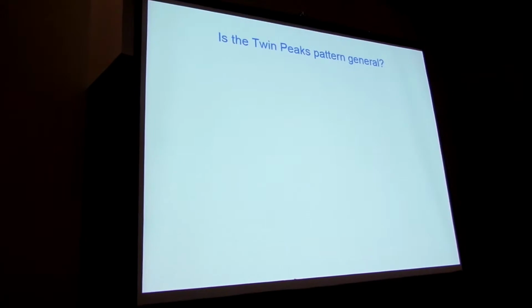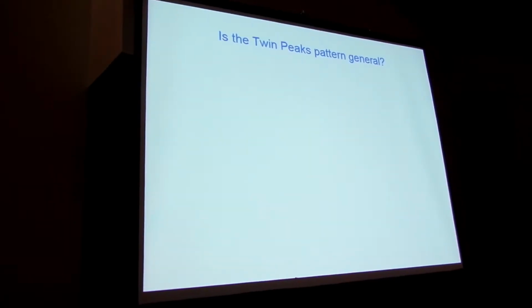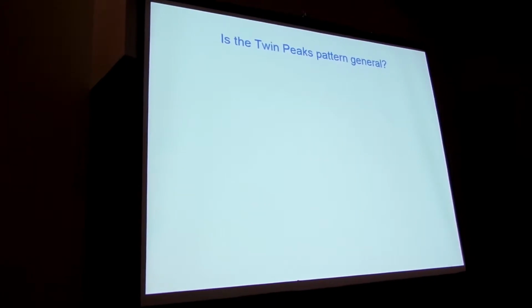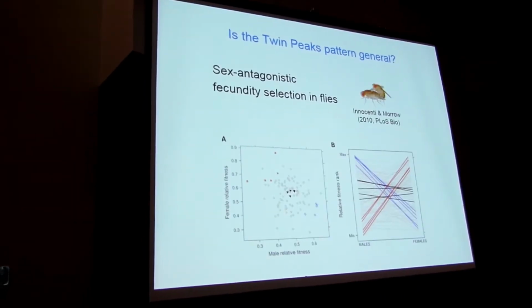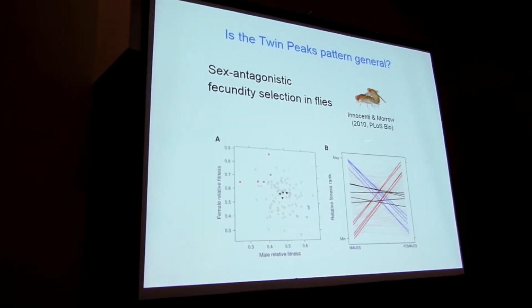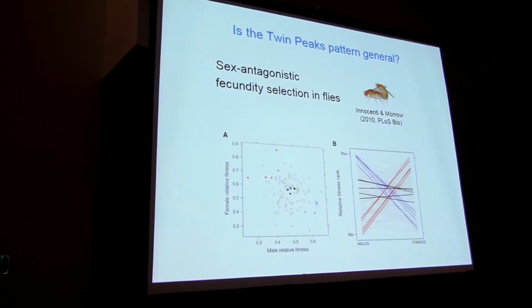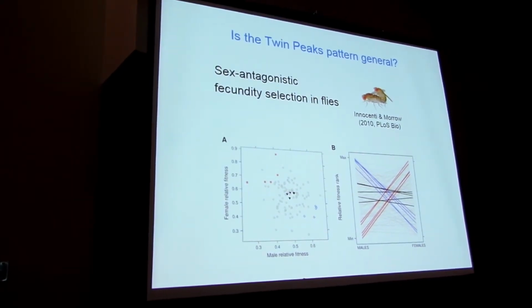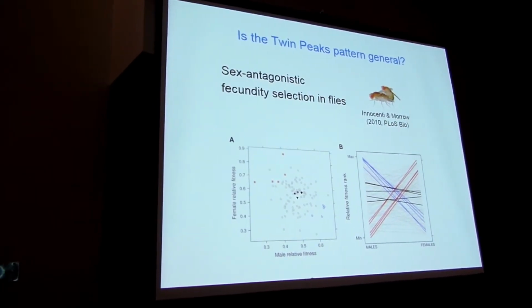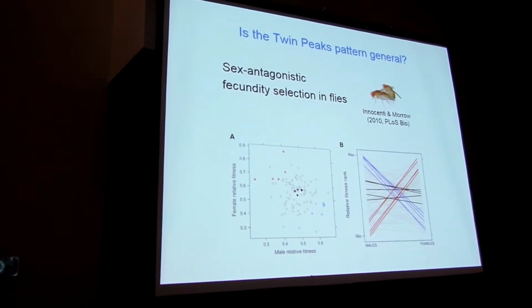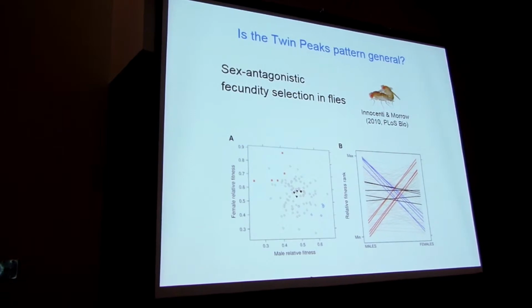But we'd like to know, of course, is it general to other organisms and to other types of selection? So again, in humans, it's mortality selection or viability selection. Working with Drosophila in the lab, they looked for genes that are under sex antagonistic fecundity selection.